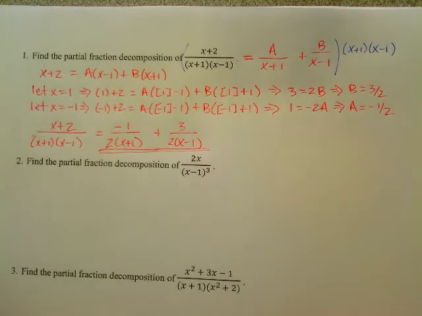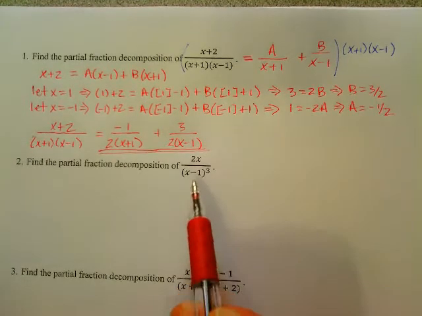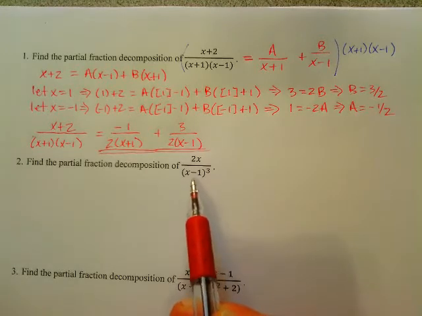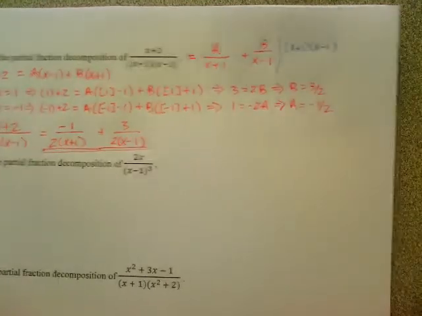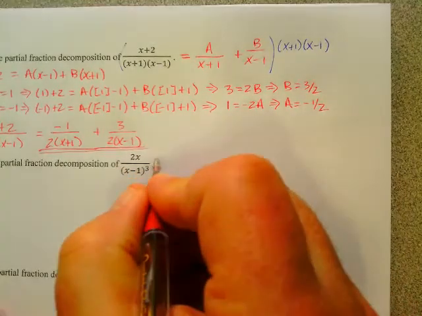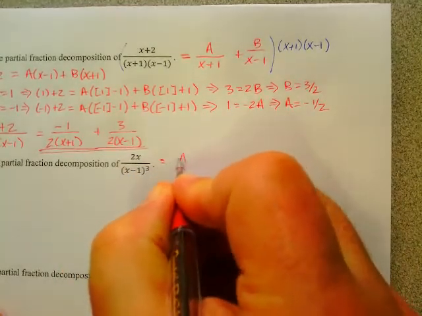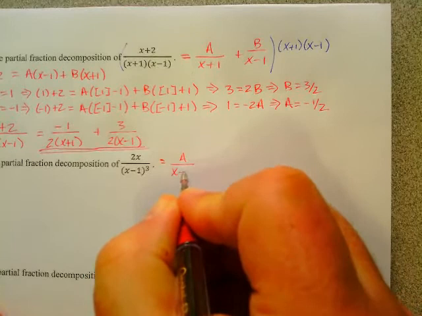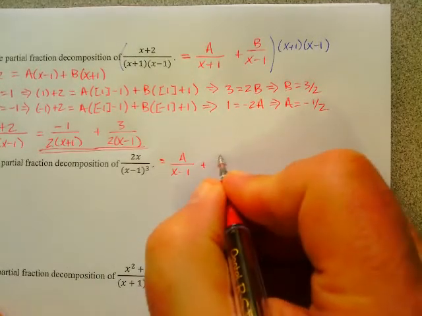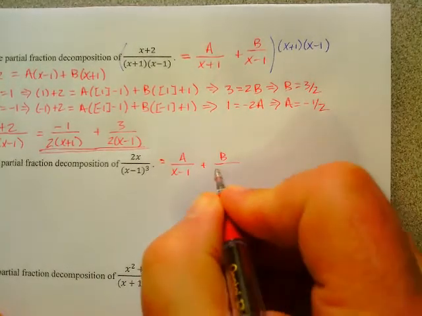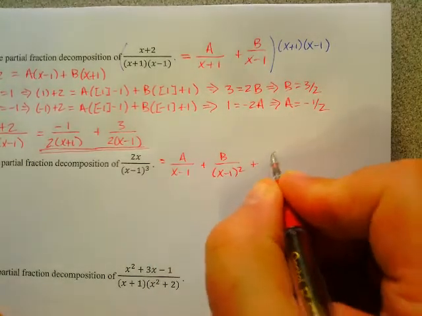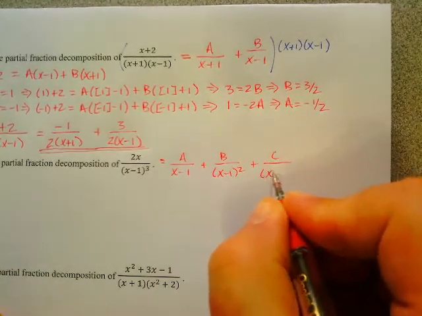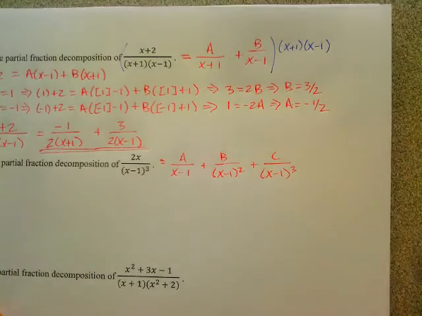All right, in problem 2, note that I have x minus 1 cubed, so I have that 3 times. So in this example, we're going to start off with a over x minus 1, and then b over x minus 1 squared, and then c over x minus 1 cubed.